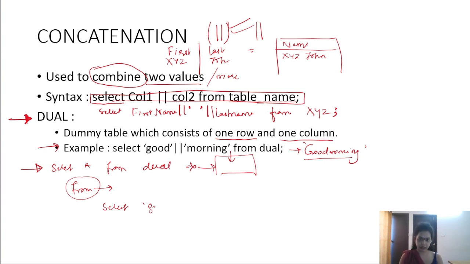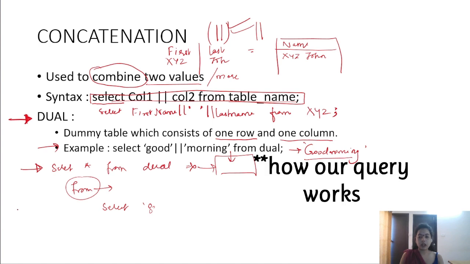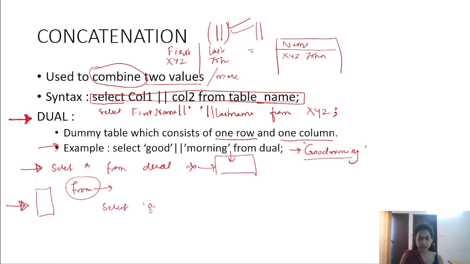Whenever we want to test something and we don't have a table, since we know how our database works, it always goes to the database and checks whether the table exists or not. And if the table exists, it brings it to the execution part, right? To bring a particular thing into the execution part, we need a table. For that, we'll use dual.